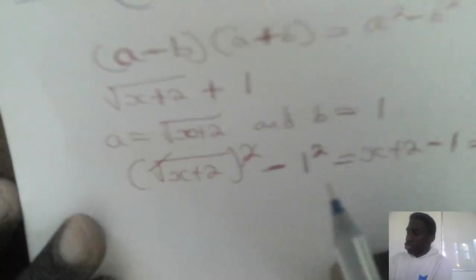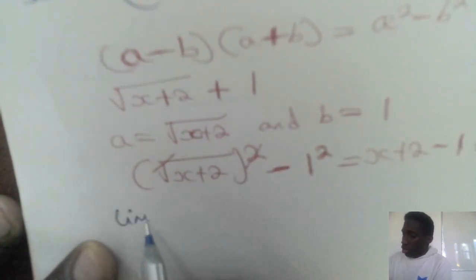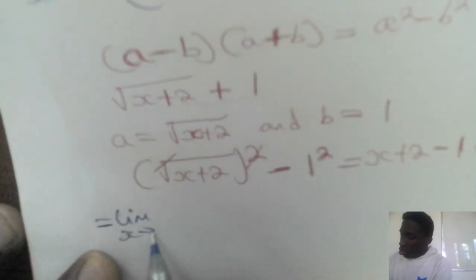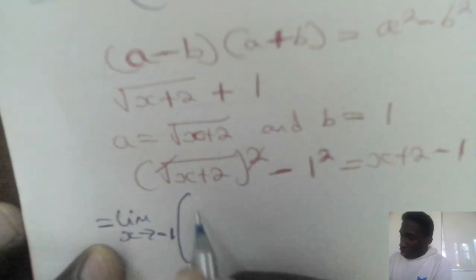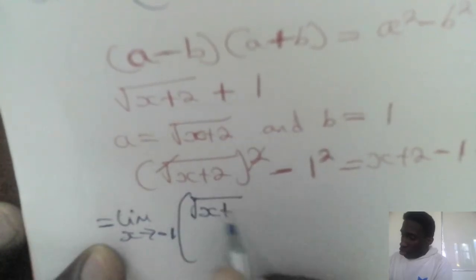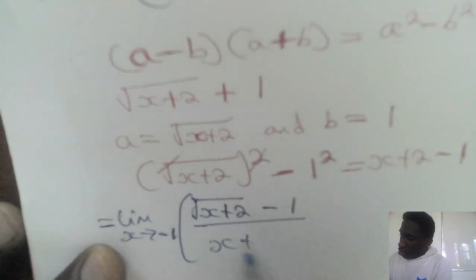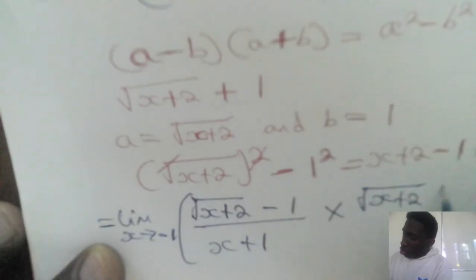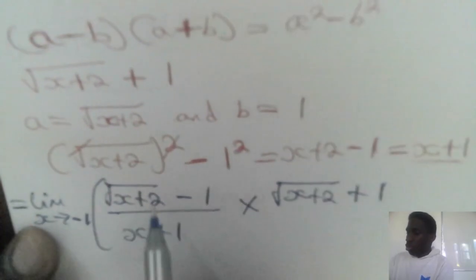So let's execute. Now that we've planned, let's execute our plan. So this will give us the limit as x approaches minus 1 of square root of x plus 2 minus 1 divided by x plus 1 multiplied by square root of x plus 2 plus 1, that's the conjugate I've introduced there for the numerator.